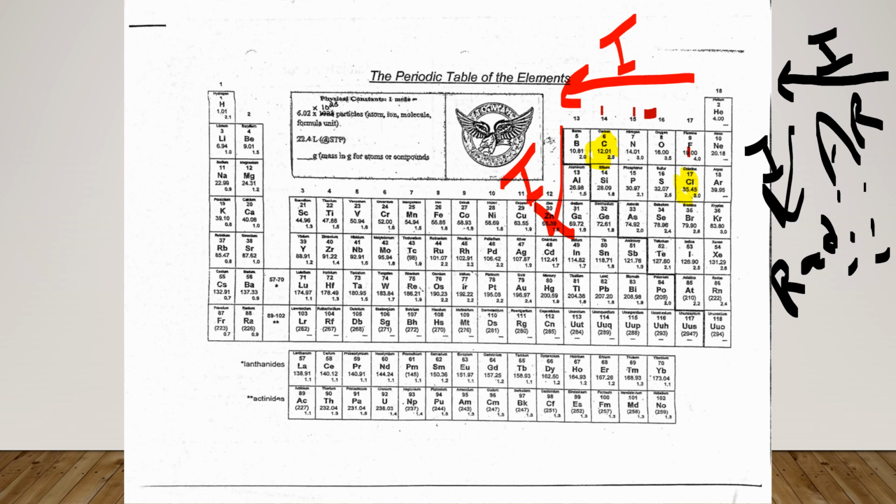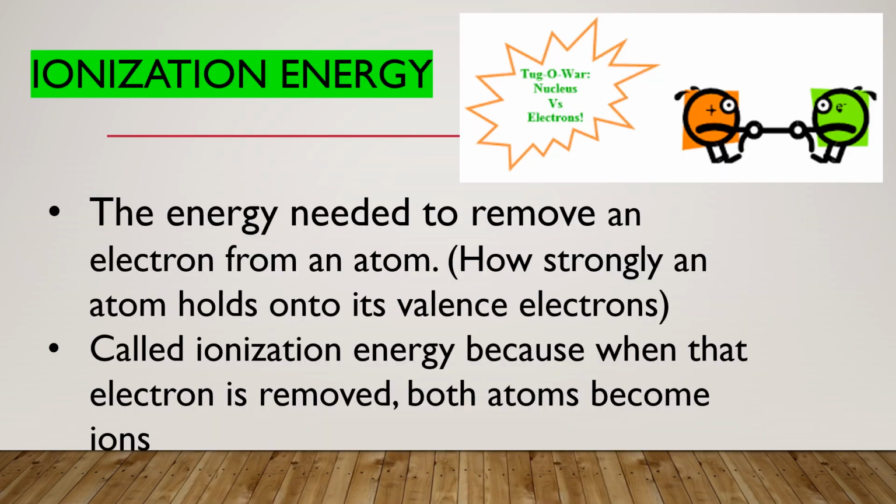All right, let's talk about ionization energy. Ionization energy is the energy that's needed to remove an electron from an atom. So you've got an atom here, and it's got its little valence electrons out here, and it is the energy it is going to take me as another atom to go in and steal that valence electron right there.